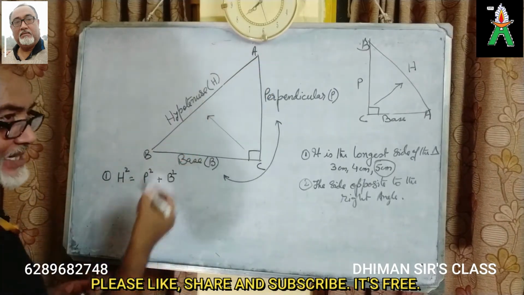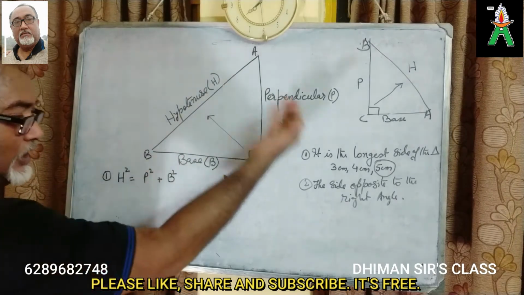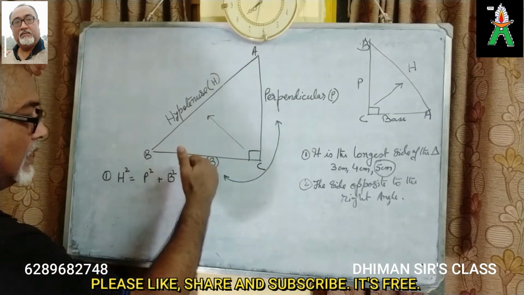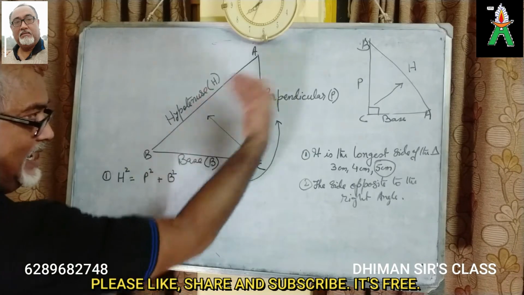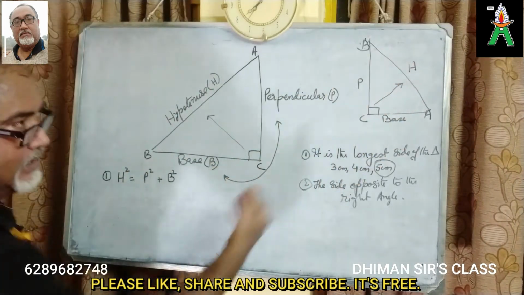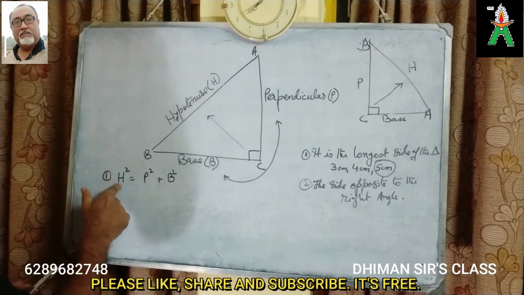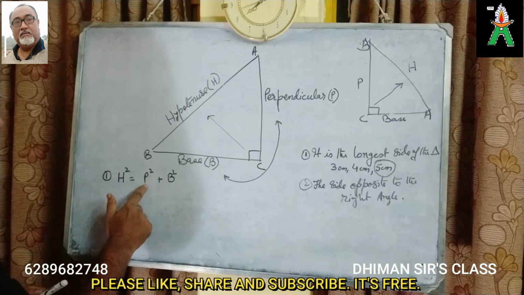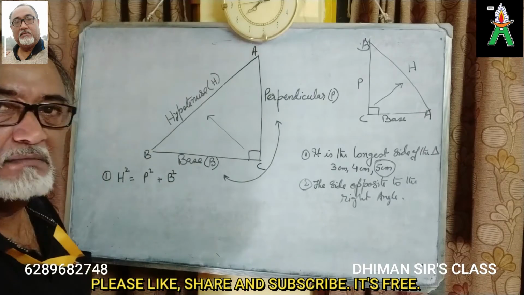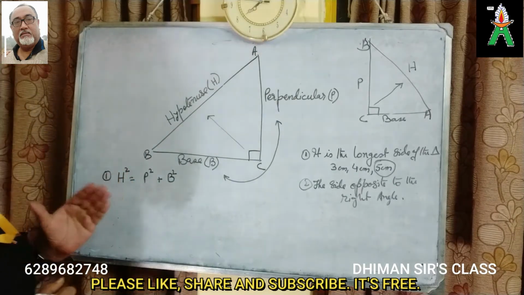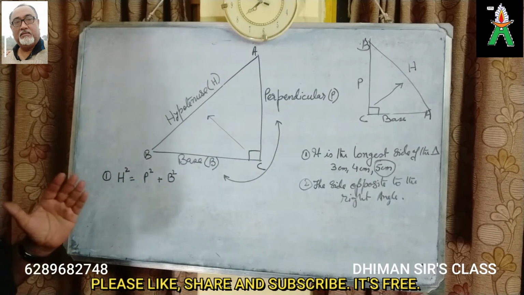If the longest side is the hypotenuse, the other two sides are the perpendicular and the base. So, h square is equal to p square plus b square. This is the original formula he has given.